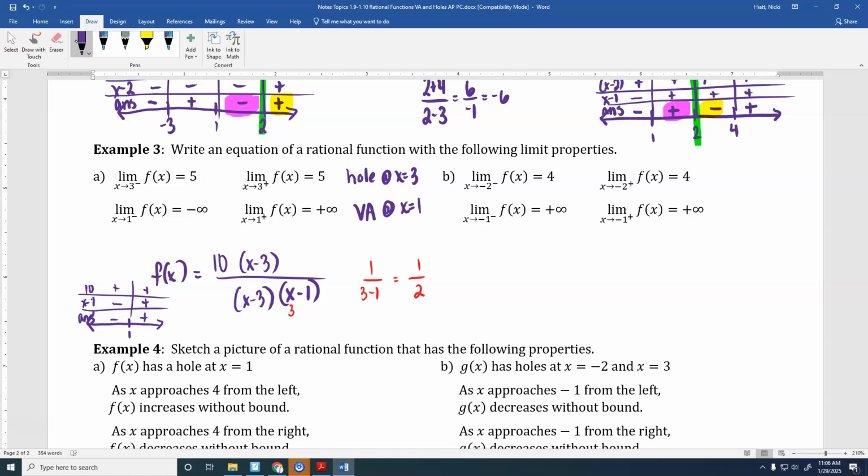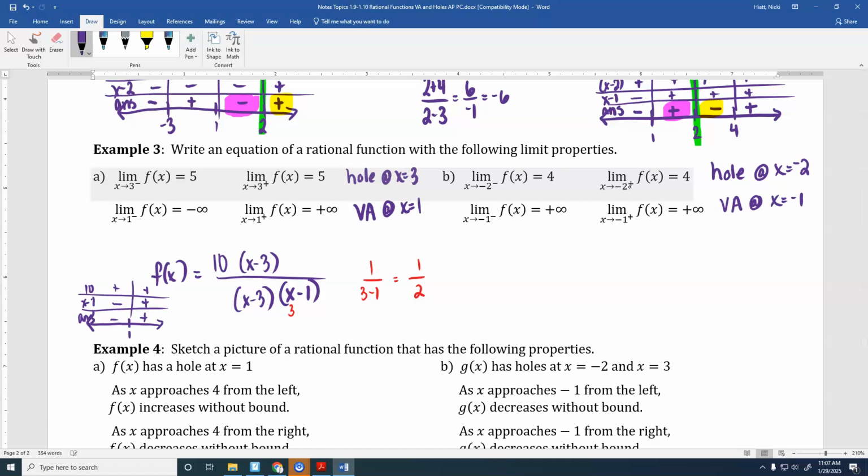Okay, for B, we have got a hole at x equals -2, and we're going to have a vertical asymptote at x equals -1.